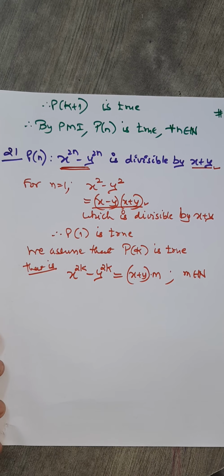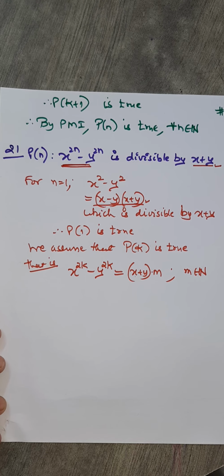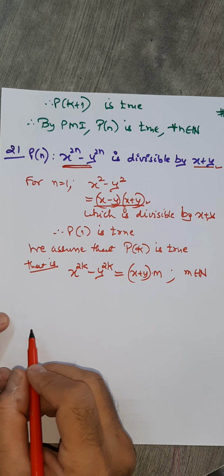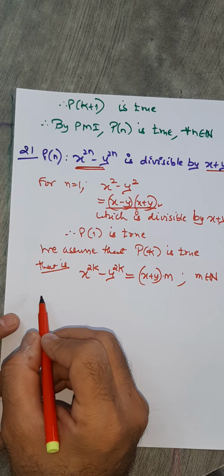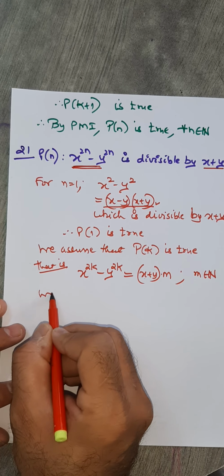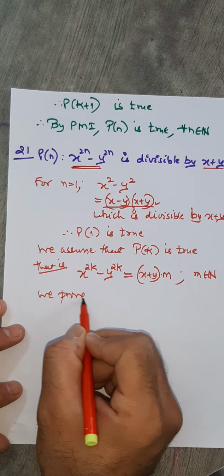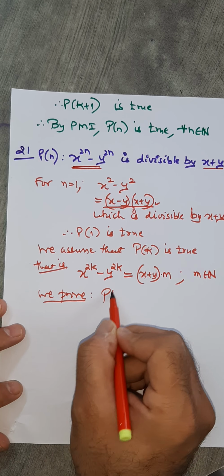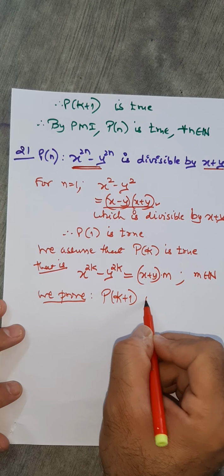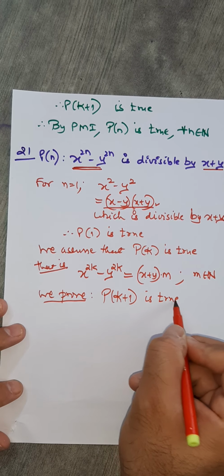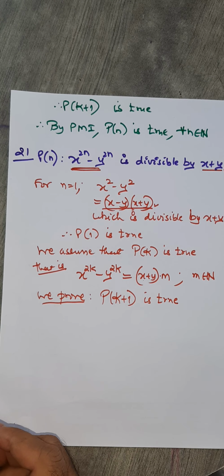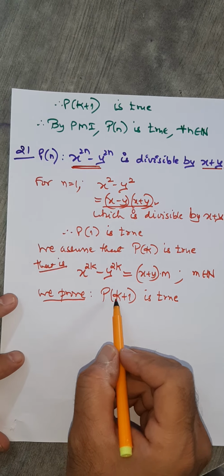Okay. Now the next important part is for n equals to k plus 1. So we prove now p of k plus 1 is true. So instead of n, what are you going to take? K plus 1.